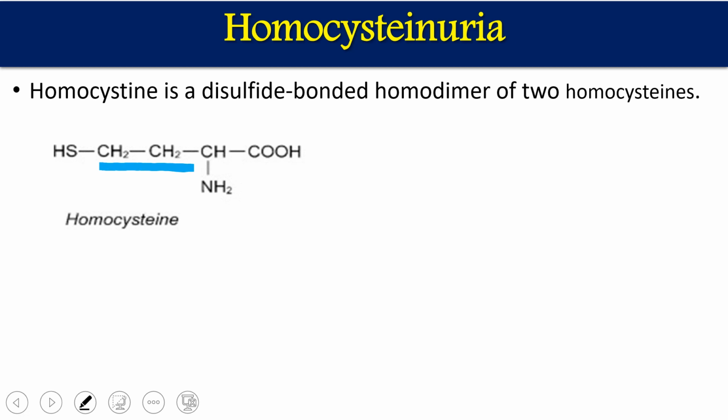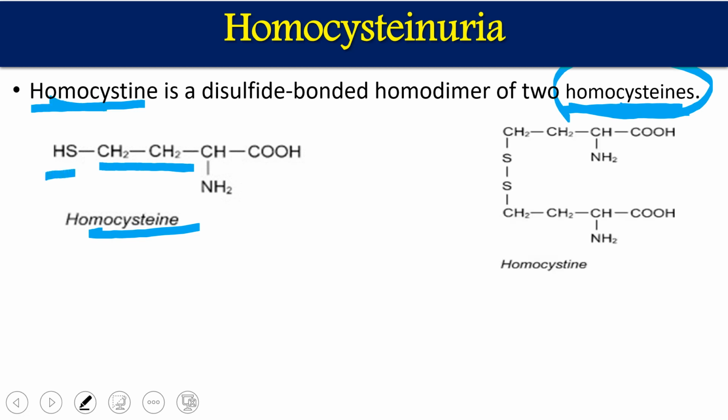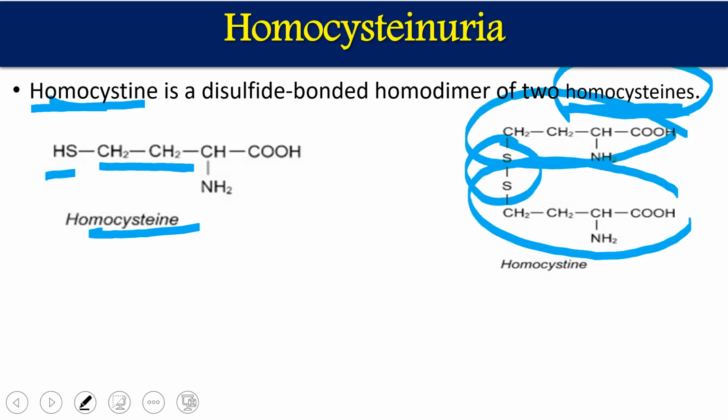Like cysteine, two homocysteines join together through a disulfide bond and ultimately give us homocystine. So this is one homocysteine and this is another, and both are joined together through a disulfide bond. This is called homocystine.